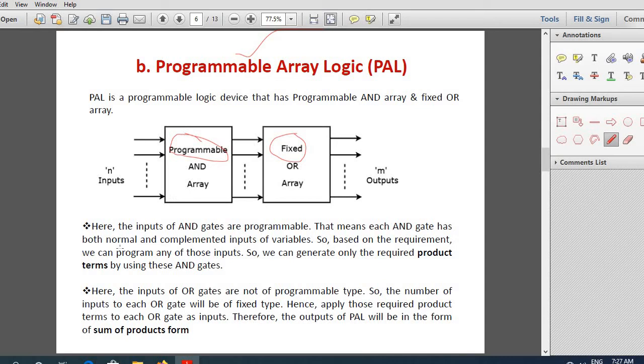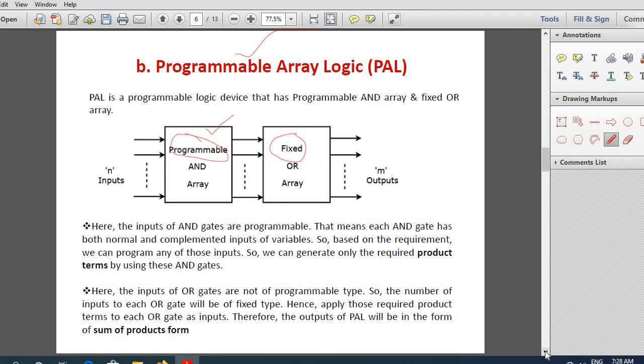I told you these inputs will be available both in complemented and uncomplemented form. So the AND array here is programmable and the OR array is fixed. So you can't use a decoder here. I'll explain this with an example.